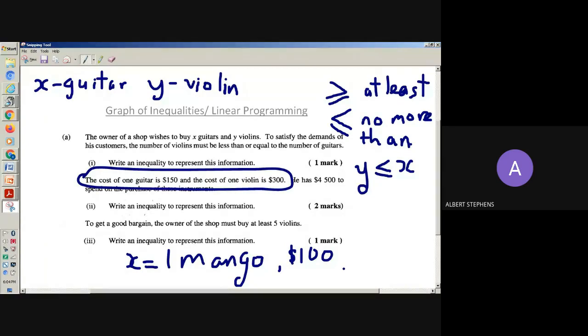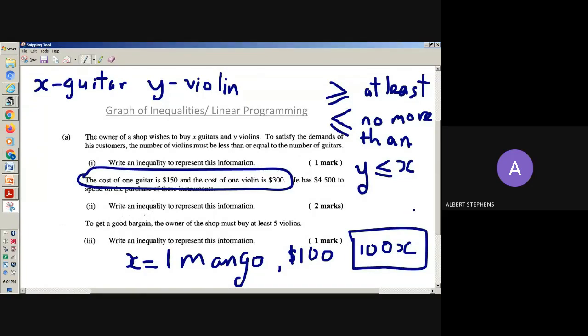If I ask you to write an expression in algebra for that statement, it will be 100x, because 100x would represent the cost of any amount of mango, not true? So when x is equal to 1, and I want to find the cost of one mango, it is 100 times 1, which is $100.